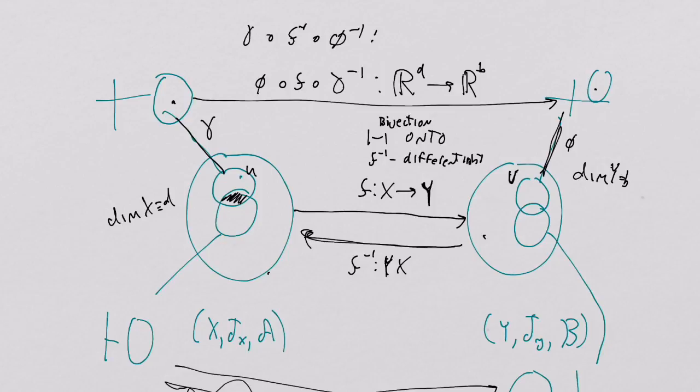So if that guy, which is a map from RB to RD, if that map is differentiable, if this map is a bijection, which will flow to this guy, so we have bijection, differentiable.